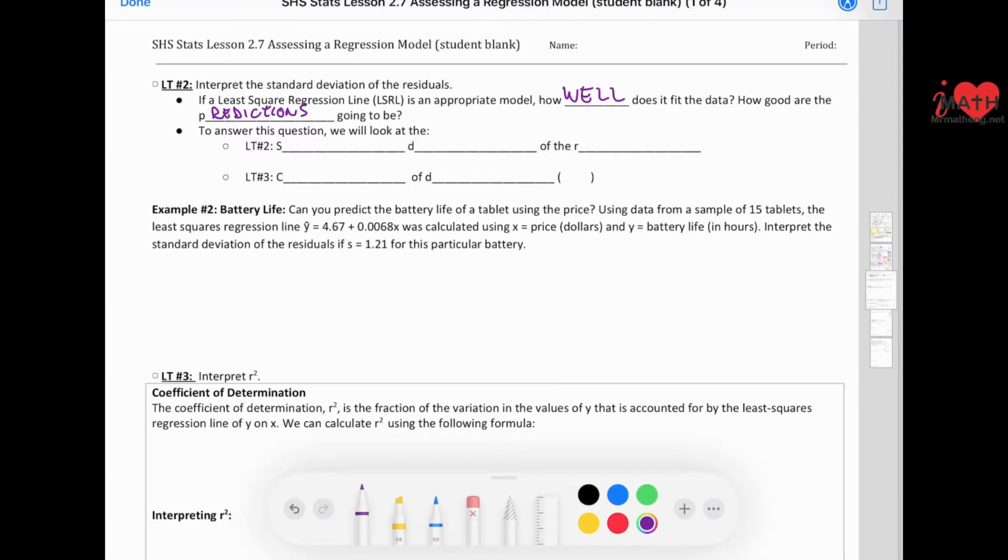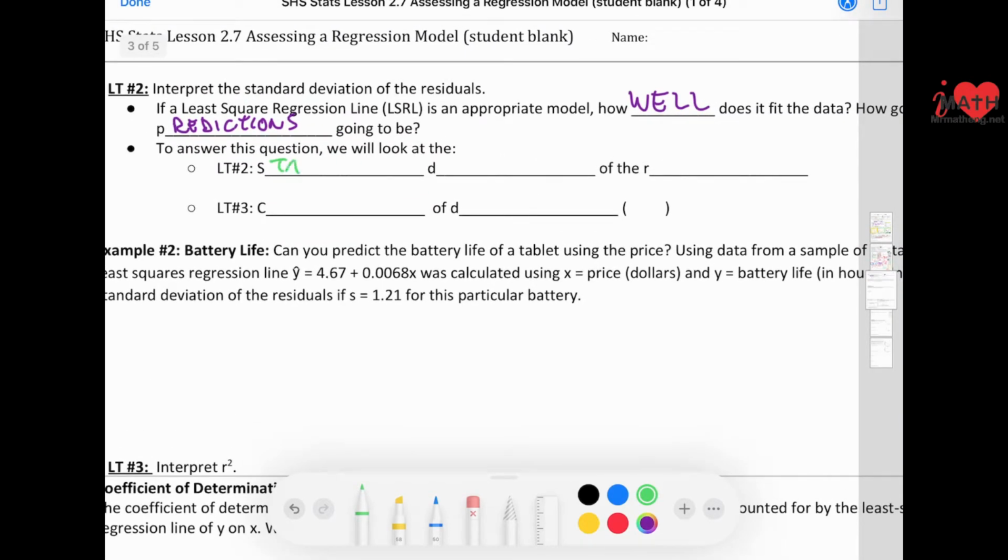How good are the predictions going to be? Well, to answer this question, we have to look at learning target number 2, the standard deviation of the residuals. That's what we're going to be focusing on next.